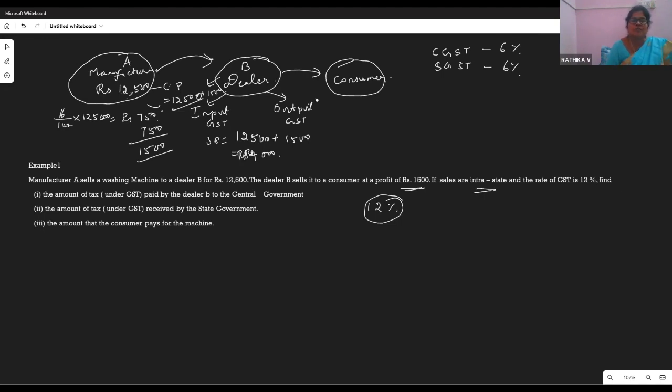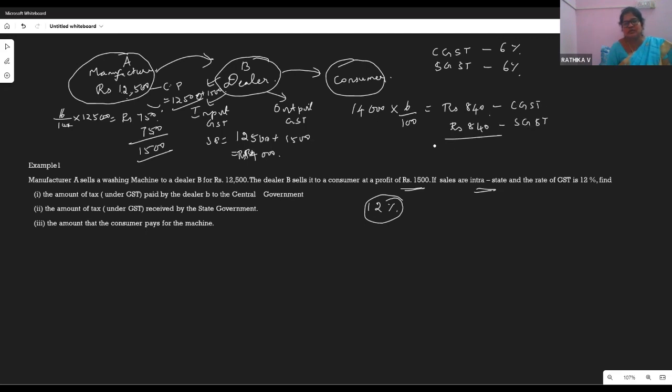So now how much output GST will he be collecting? He is selling it for 14,000. So 6% of this he will be collecting from the consumer. So how much is 6% of this? Rupees 840. So 840 will go to CGST, and another rupees 840 will be given to SGST, that is the state government as well as the central government.